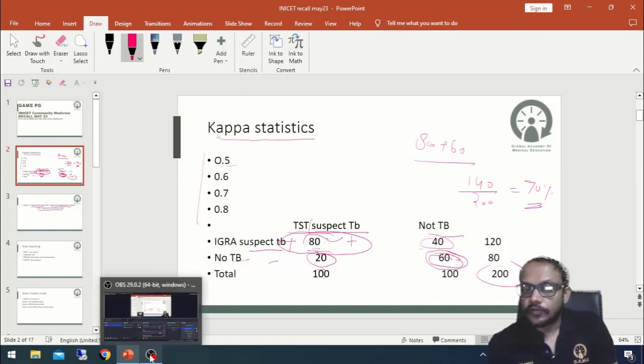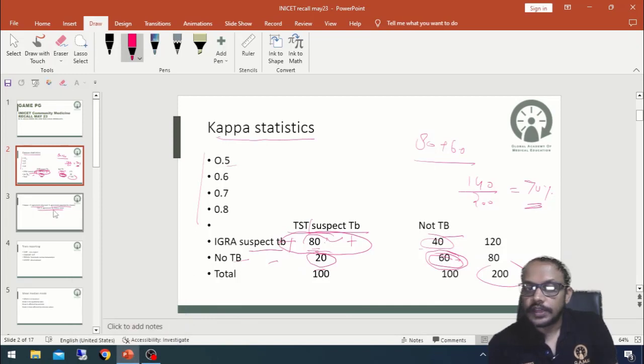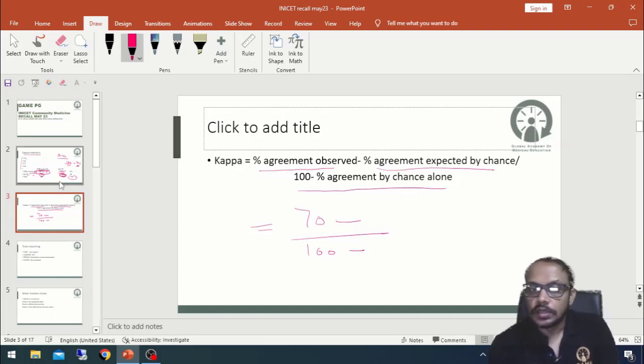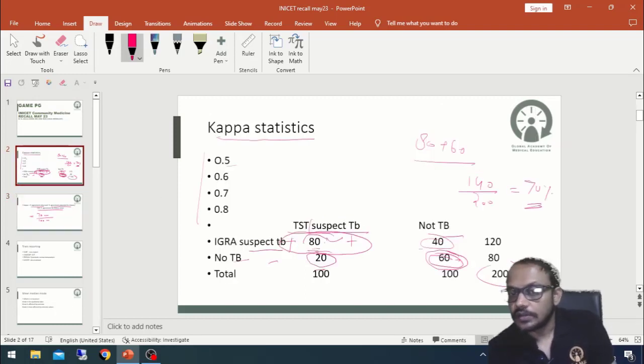So, as per the formula, the percentage agreement observed is 70, minus the agreement expected by chance. By chance, we simply take the total positives by the positives and the total negatives by the negatives.